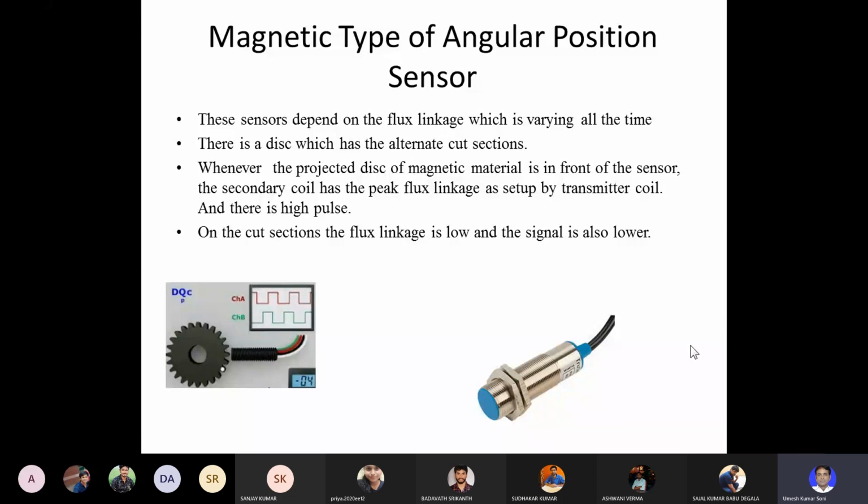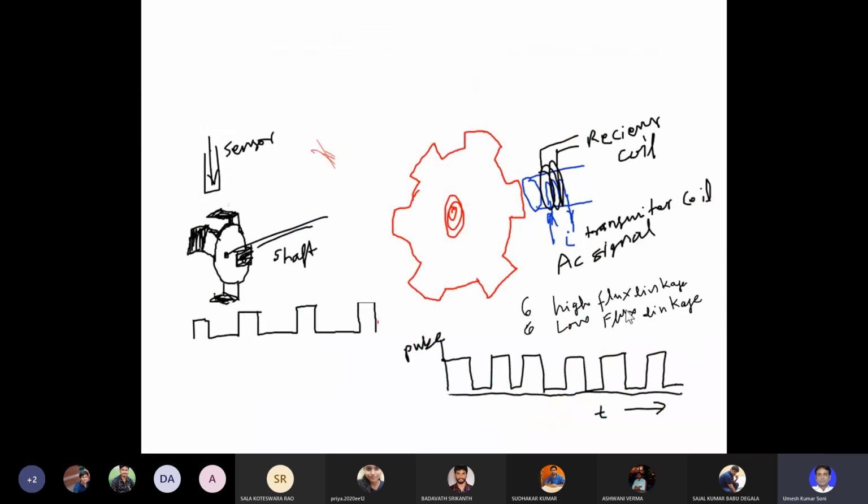And as we know, the higher the permeability of the magnetic material between the two linked coils, the higher the flux linkage will be. So according to the rotation, there will be rotation of the disk, and the disk has alternate cut and projected parts. So here you can see how the transmitting and receiving coils will work together.